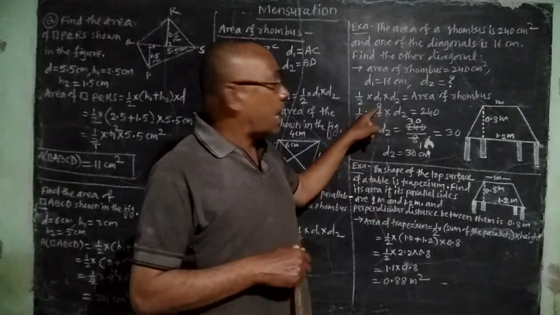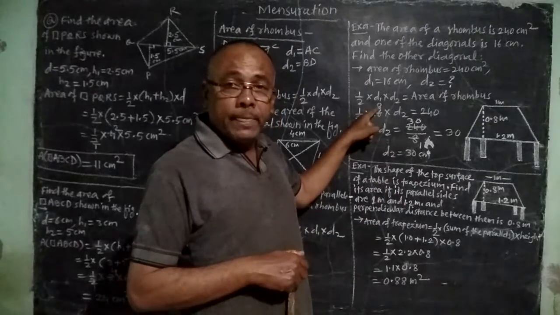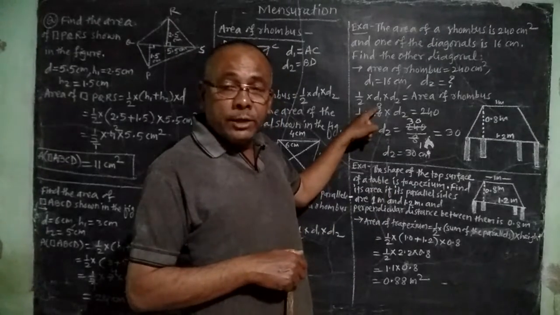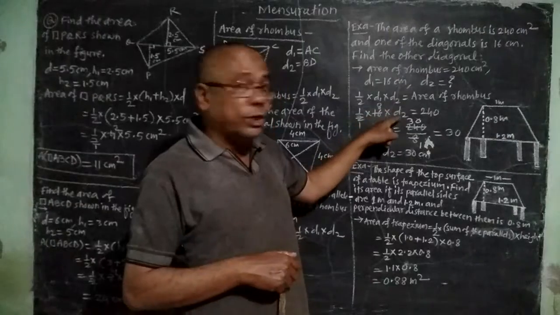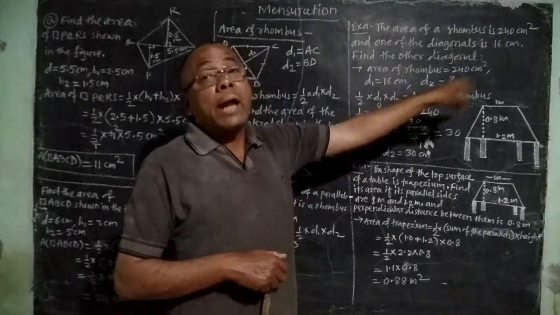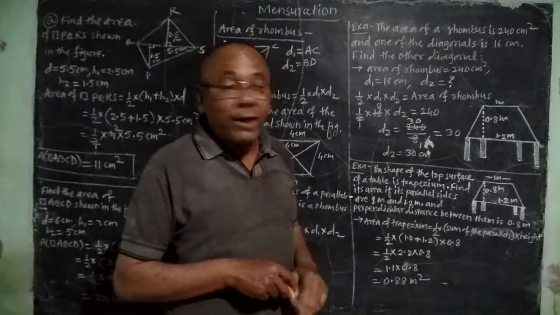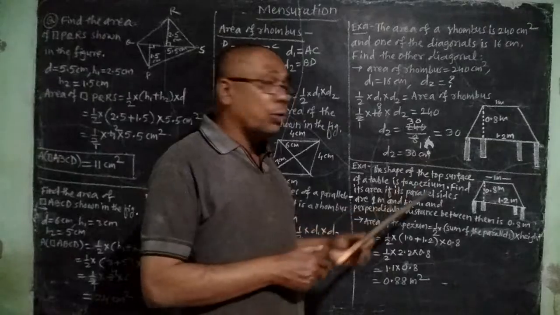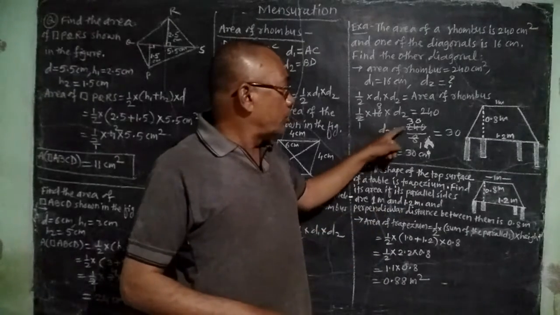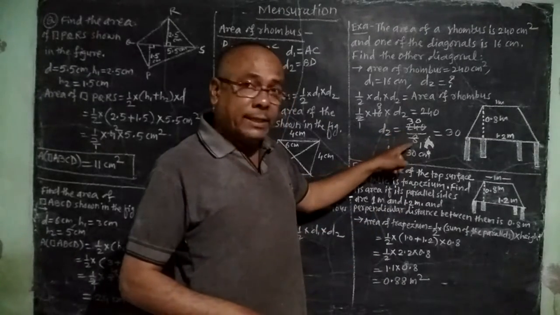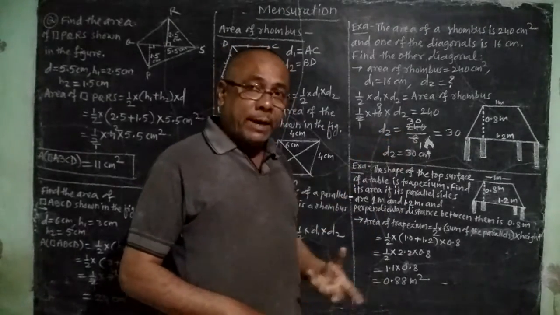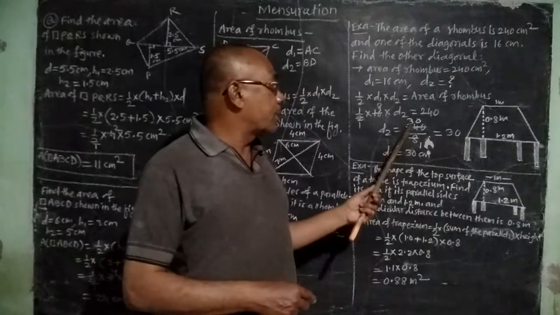So we must transfer 8, which is multiplying D2, to the right hand side, so that it will divide 240. So D2 is equal to 240 upon 8. After dividing, we get 30.